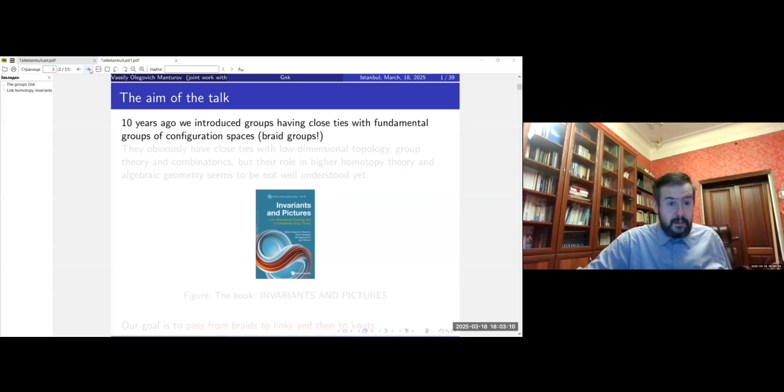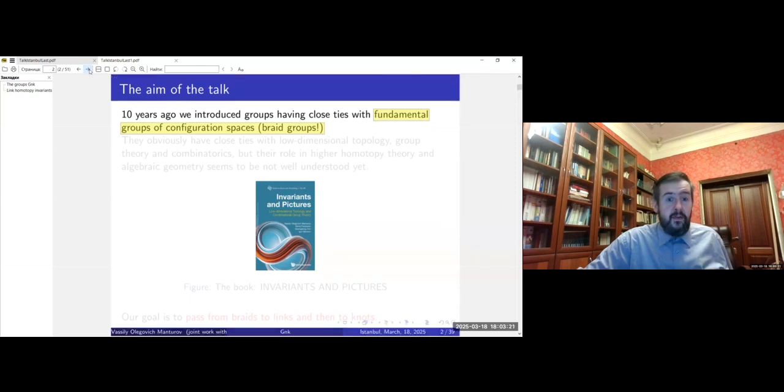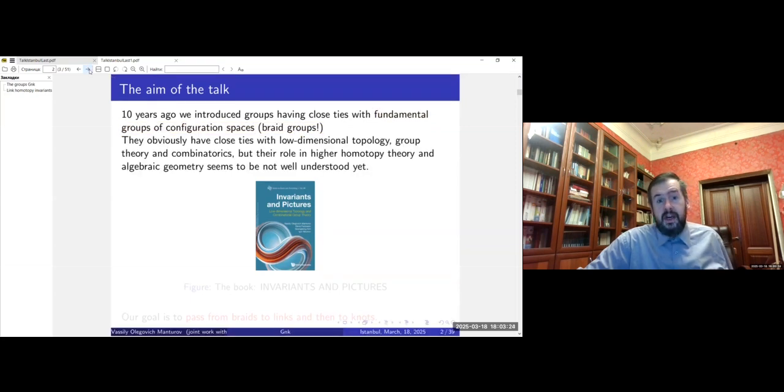And the groups we will be mostly talking about today will be fundamental groups of various configuration spaces. First of all, braid groups. And of course, we have close ties with low-dimensional topology, group theory, and combinatorics. And actually, it's known that braid groups are related to some higher homotopy theory. It's known that homotopy groups of higher dimension of spheres can be described in terms of something in braid groups.